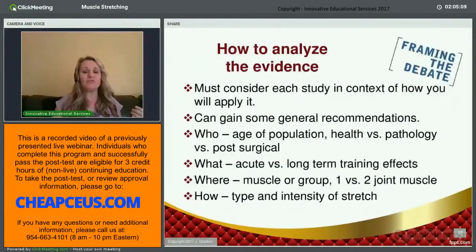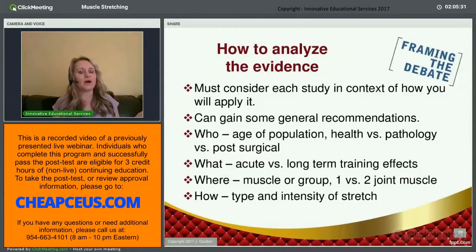When we look at the current evidence related to these factors and whether or not our traditional views are still the appropriate way to think about our interventions, what we need to consider are the types of joints that we're applying the stretching to. Interestingly, the majority of the research that I found was performed on healthy subjects.